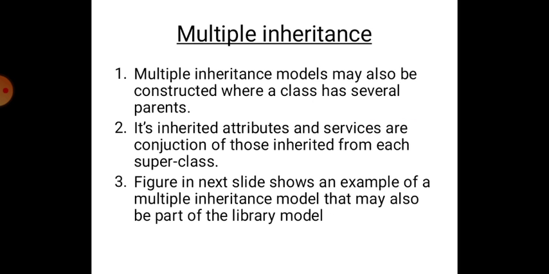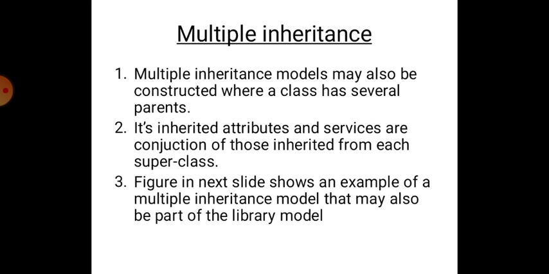Whereas in multiple inheritance, the parents are two or more. So parent classes are more. Point number 2, its inherited attributes and services are a conjunction of those inherited from each superclass. So students, the inherited class here takes the attributes and services from two or more classes.